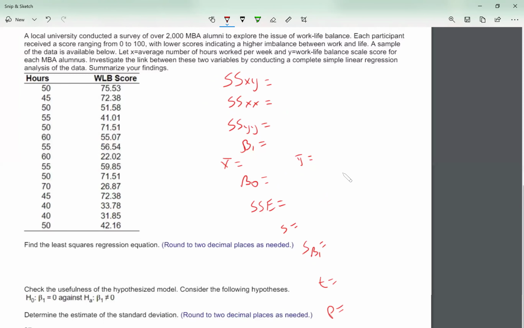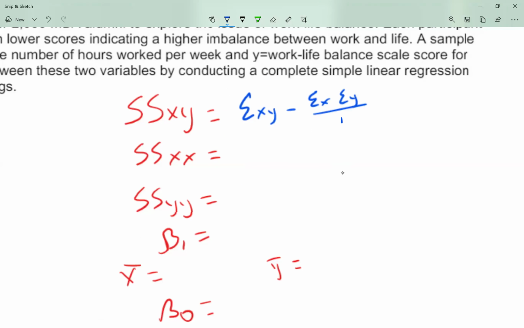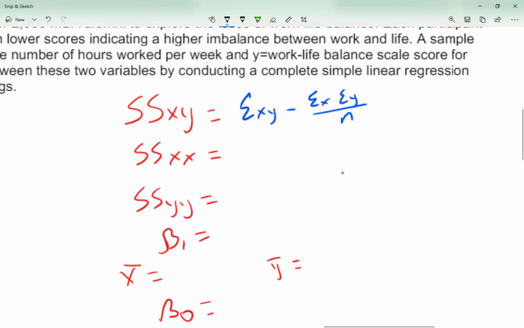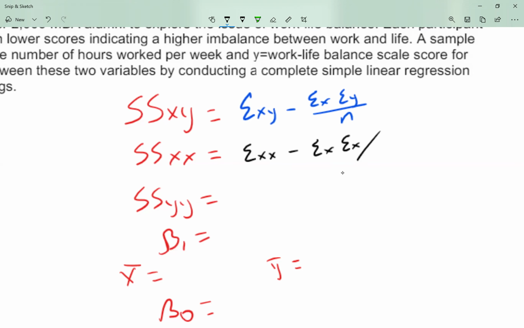Okay. I know it's a lot, but let me remind you guys of the formulas. The sum of the squares of x, y: my formula is sigma of x y minus sigma of x times sigma of y, divided by n. I'm going to alternate between blue and black. My sum of the squares of x is sigma x squared minus sigma x times sigma x, divided by n.